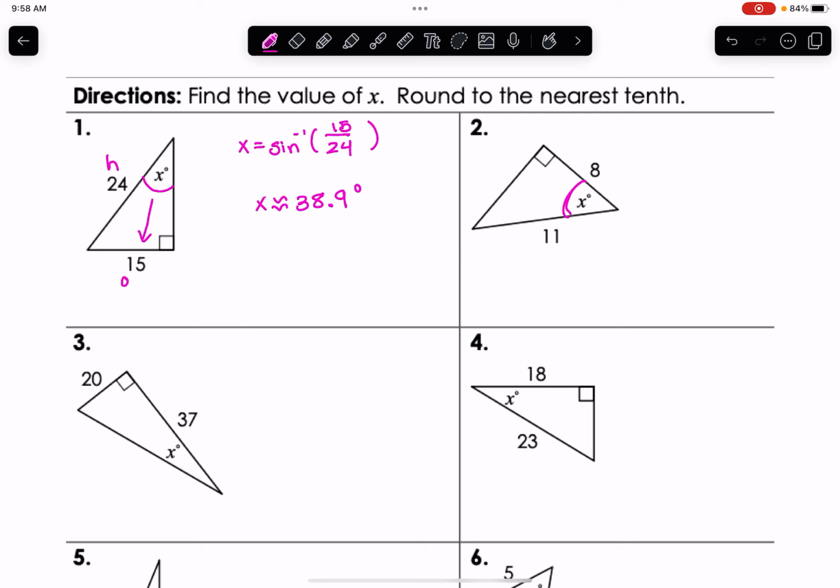So here's my angle. 8 is adjacent and hypotenuse, so we're going to do the inverse of cosine of 8 over 11. And if I want to round that to the nearest tenth, you're going to get 43.3 degrees.